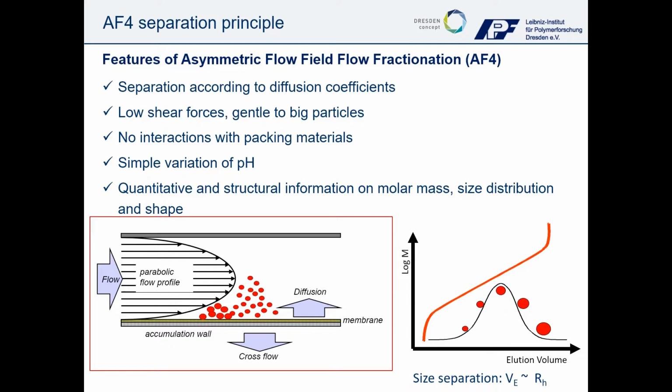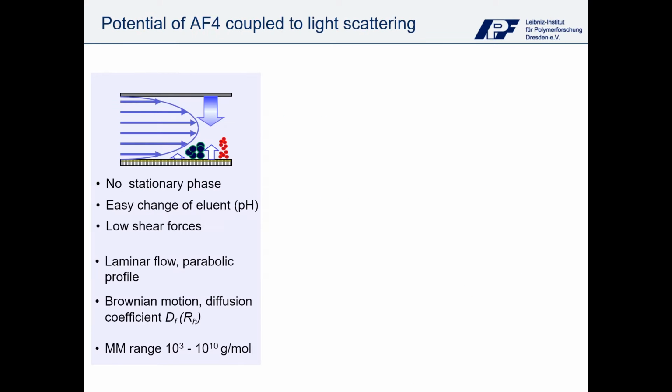Additionally, we have here very weak shear forces which allow us to understand and to characterize complexes in which the interactions are weak. And we can very easily change the eluent as well as characterize using different detectors molar mass, size distribution, shape, and to quantitatively characterize also, for example, the amount of encapsulated drug.